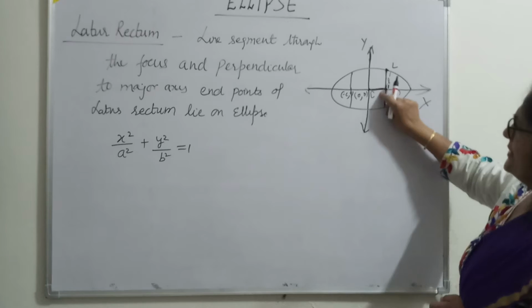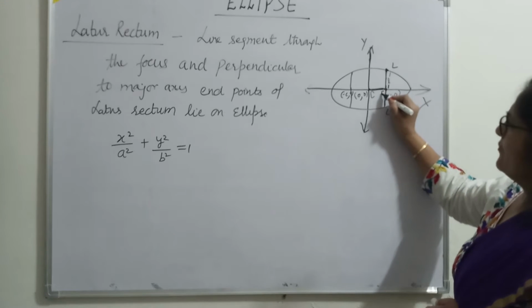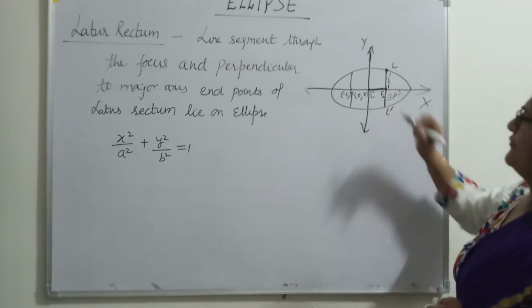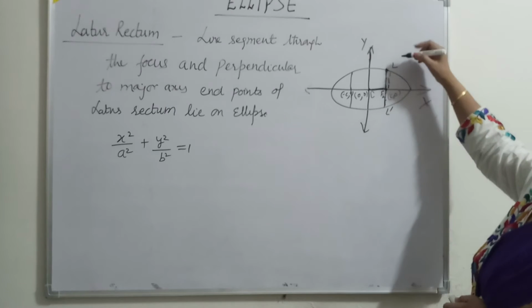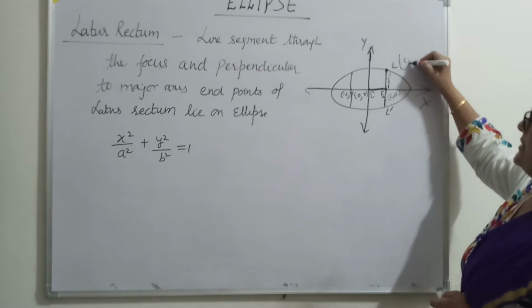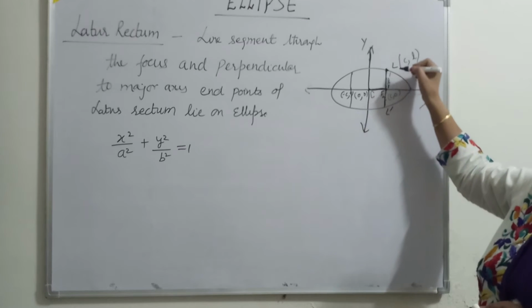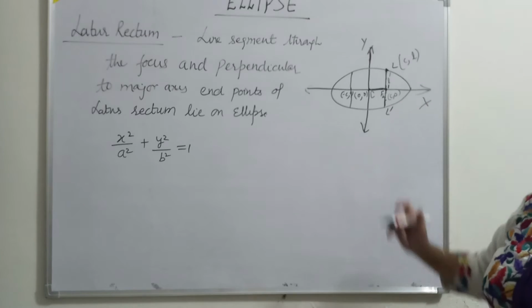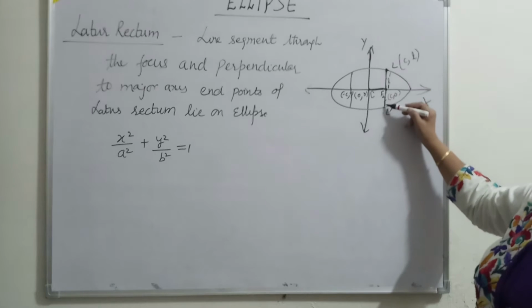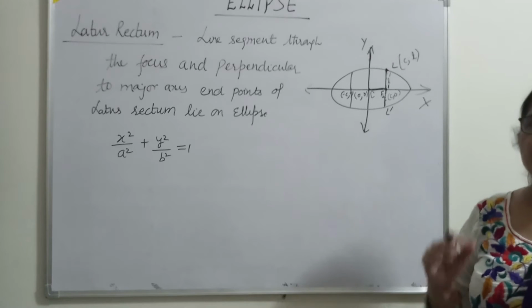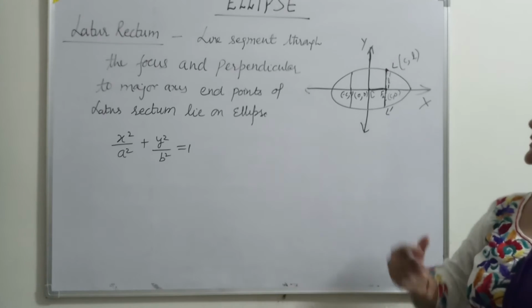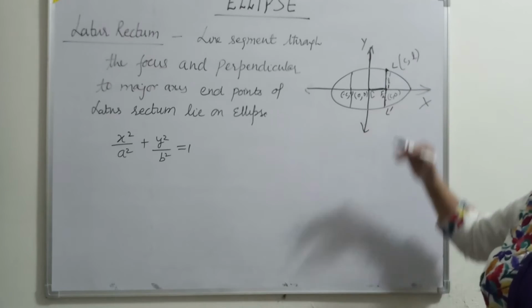Actually it is the focus, so we can take F2 as the point, not M. So the point is c, l. c and l we have to find. And the length of the latus rectum will be 2l. Why 2l? Because this ellipse is symmetrical about the x-axis.